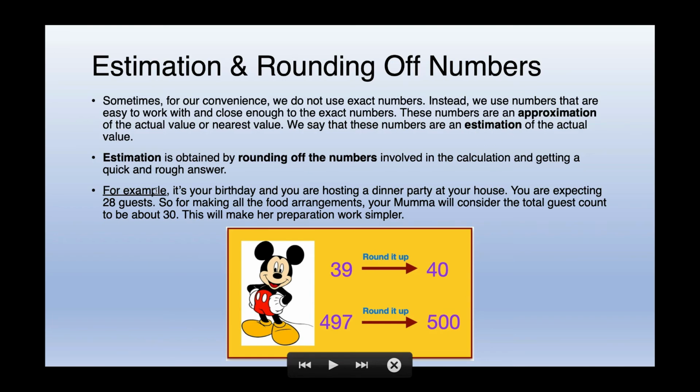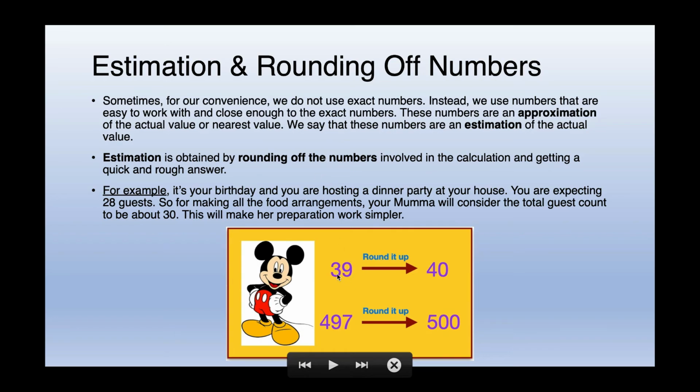Estimation is obtained by rounding off the numbers involved in the calculation and getting a quick and rough answer. So, when we are making an approximation, it means we are rounding off the numbers.